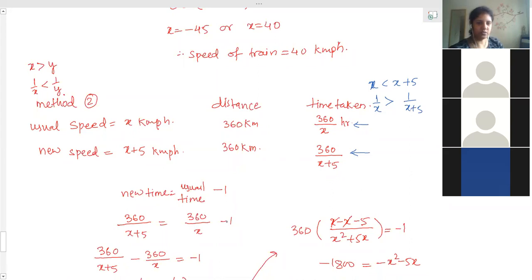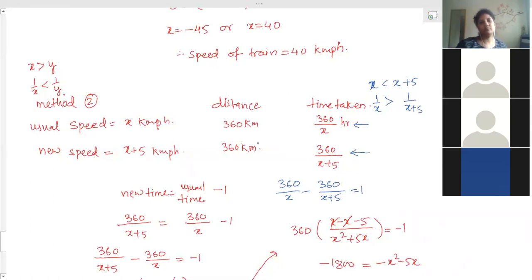So here itself this one will go that side, and 360 by x plus 5 comes here as subtraction. Both are the same equation. So 360 by x minus 360 by x plus 5 is equal to 1. Is it clear?